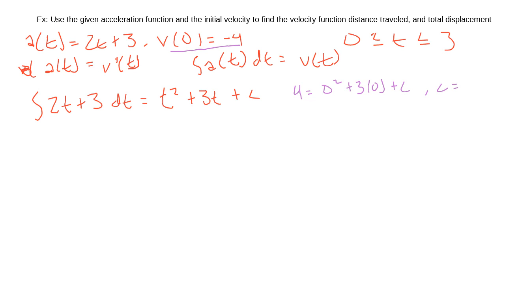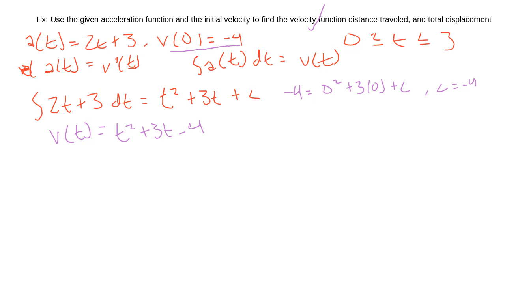Therefore, c is equal to -4. So therefore, our v of t is equal to t squared plus 3t minus 4. So there we go, we have our velocity function.